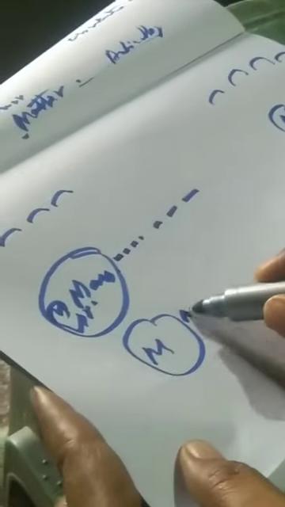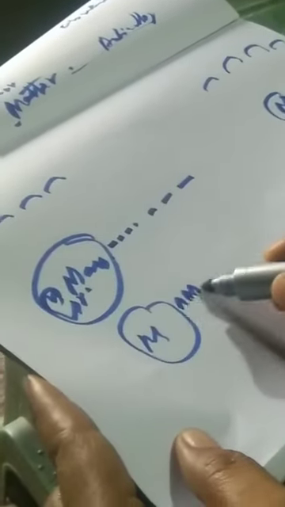So here a mass is surrounded by more curved sheets, and here the same mass is surrounded by less curved sheets, although the number is more compared to this one.